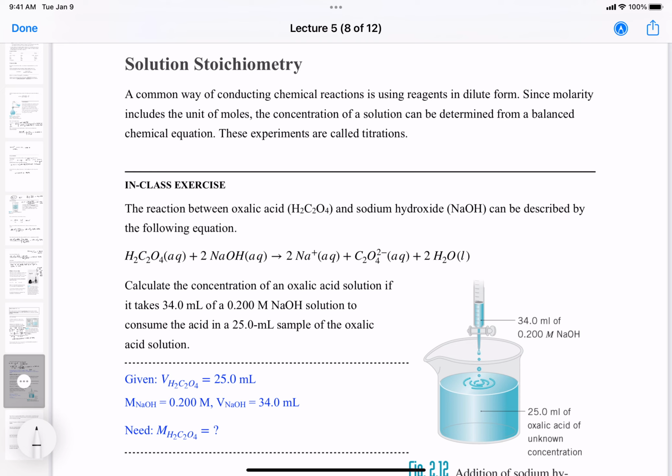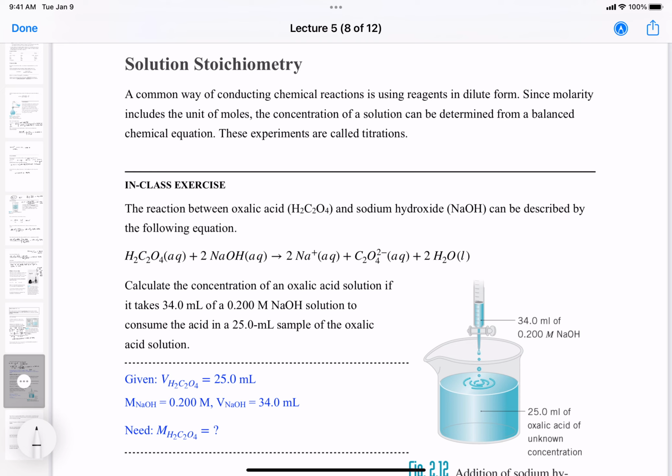A common way of conducting chemical reactions is using reactive reagents in dilute form. Usually when we dissolve something in solution, it's less reactive because it's surrounded by solvent molecules. Since our molarity calculations include the unit of moles, we can use the concentration of a reagent in a chemical reaction to do stoichiometry equations.